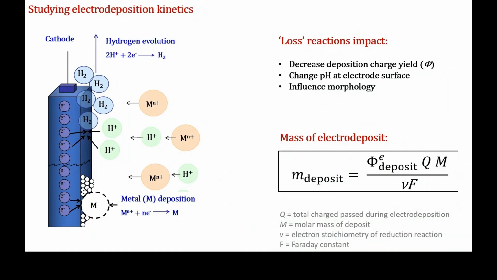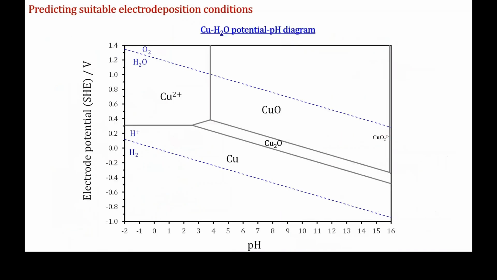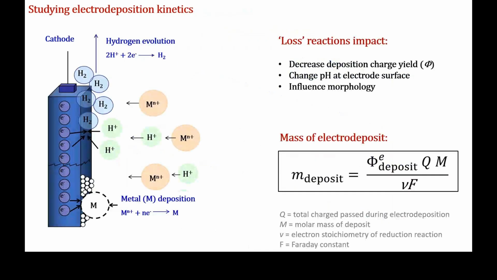Sometimes, for example for copper, that competition is not so severe, because the reduction potential from copper 2+ to copper is more thermodynamically favorable than hydrogen evolution. So we can plate copper without the influence of hydrogen, but for nickel, we can't. So we're going to have these two parallel processes happening.